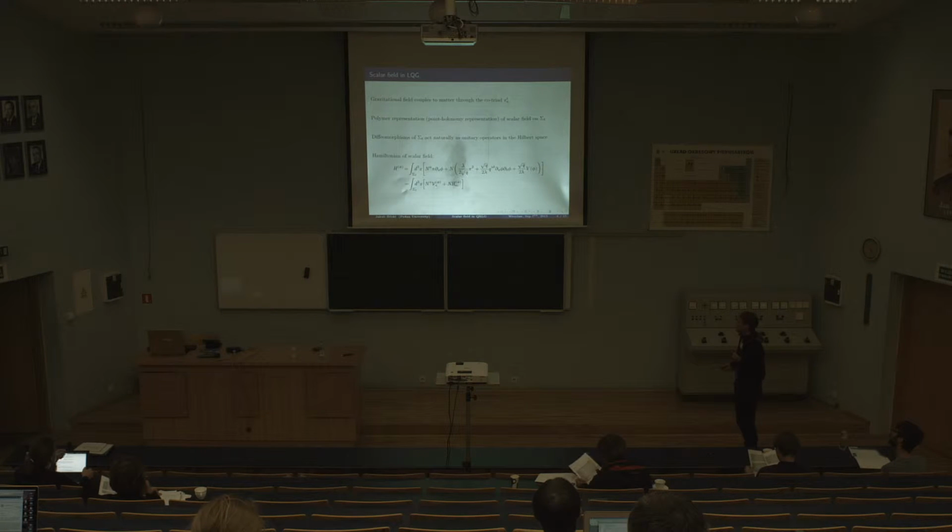For such a theory, the gravitational field is coupled to matter through the dreibein, or so-called cotriad. So I'm working now in the 3+1 decomposition. And because in loop quantum gravity we regularize the Hamiltonian on a lattice, we have to find some representation for a scalar field also on a lattice.